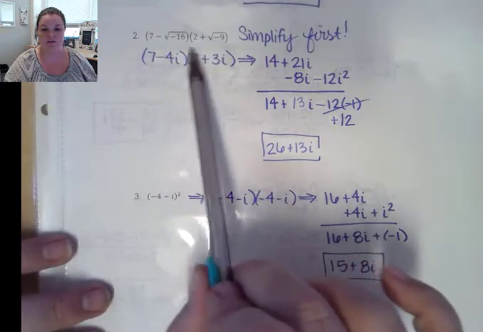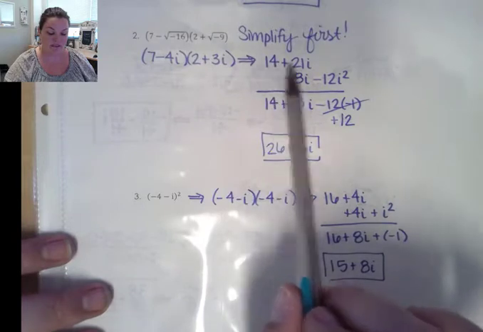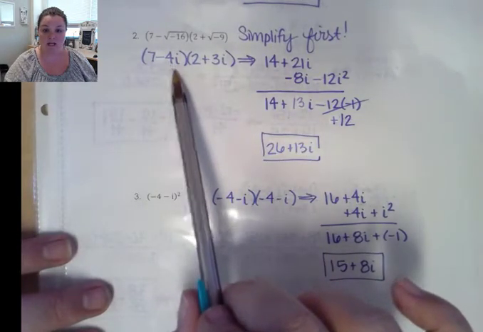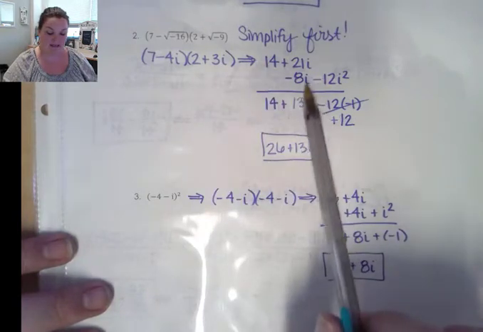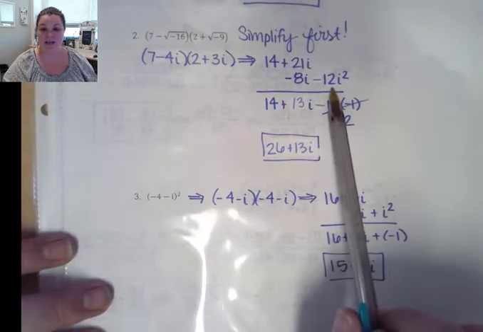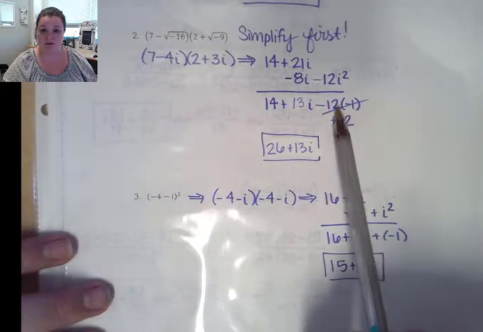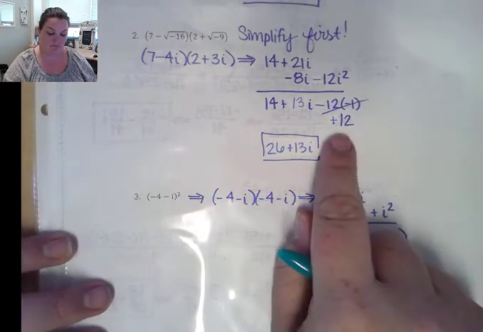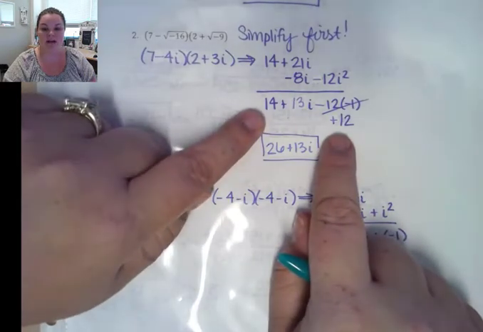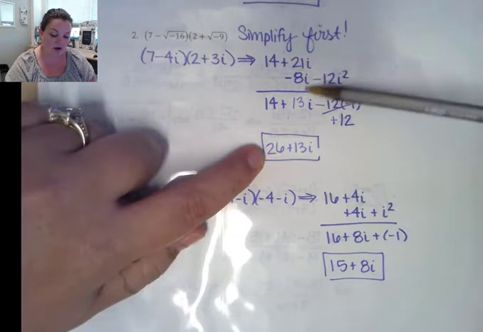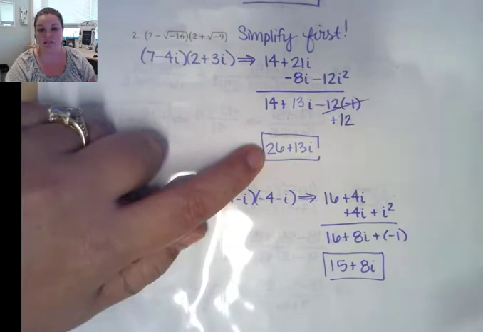So when I distribute the 7 across, I get 14 plus 21i. When I distribute the -4i to those two terms, I get -8i and -12i squared. The i squared again becomes -1, which forces that 12 to be positive. And then positive 12 and the 14 I had out front combines to 26. And when we combine our i terms, we end up with 13i.